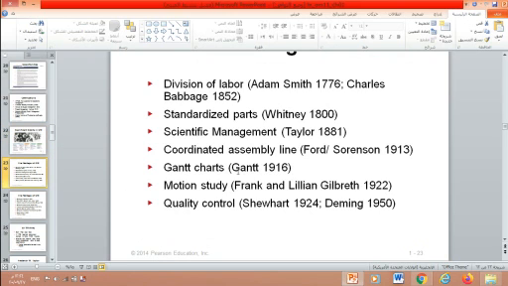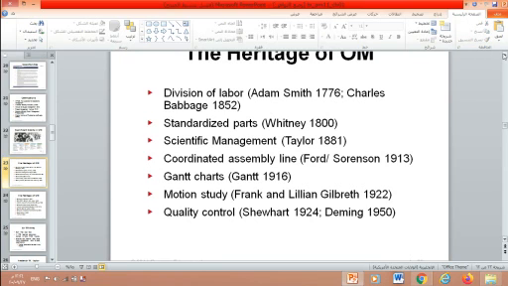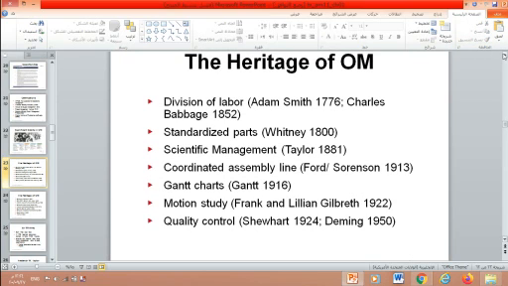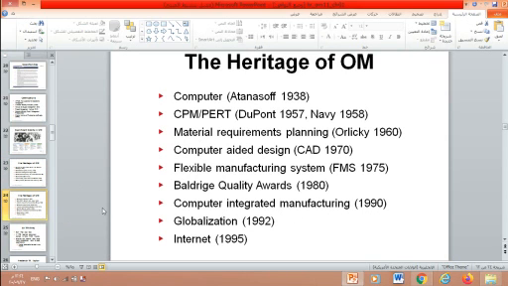Let's take more details about this heritage of operation management. The division of labor was the responsibility of Adam Smith, standardized parts for Whitney, and scientific management for Frederick Taylor, coordinated assembly for Ford, the Gantt chart for Gantt, motion study for Frank and Lillian Gilbert, the quality control for Deming and Shewhart. Okay. These are just scientists for your knowledge and awareness.